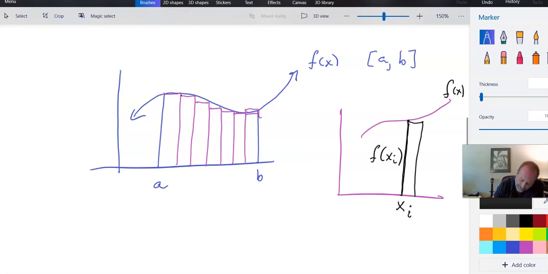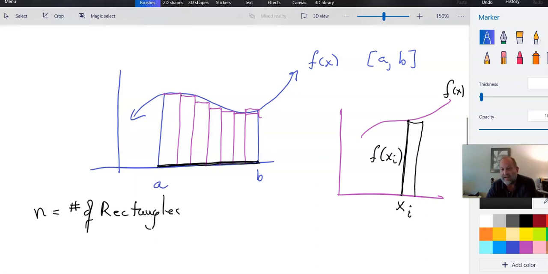Now, if you want to find the width, it depends on how many rectangles you've chosen. So if n equals the number of rectangles, then all we have to do is take this length right here, however long the whole thing is, and divide it into the number of rectangles we have, and that will tell us the width of one rectangle.